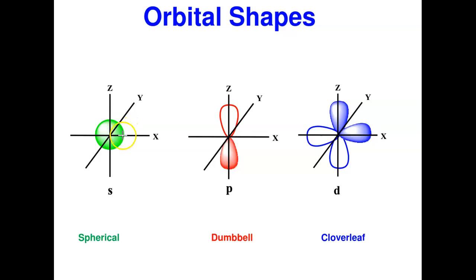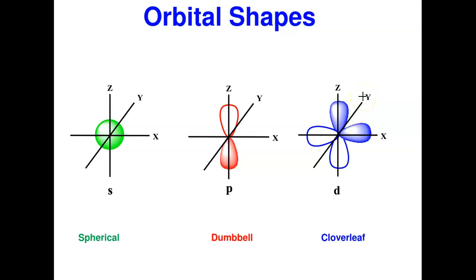Now, the s orbital has a spherical structure. As you can see, the three-dimensional axis is there, and it is spherical in nature. The p orbital has a dumbbell shape. In fact, there are three p orbitals, because each of them lies along an axis: the pz, the py, and the px. And then there is the d orbital.